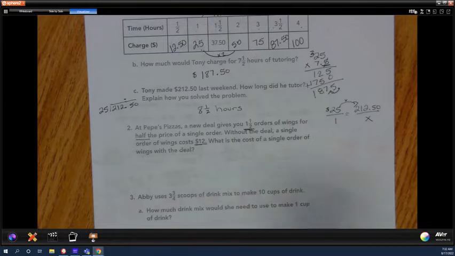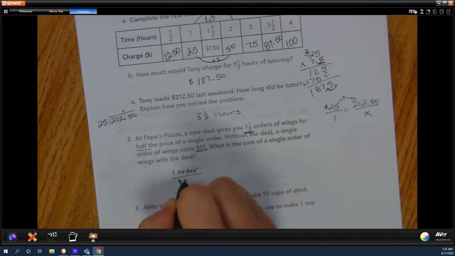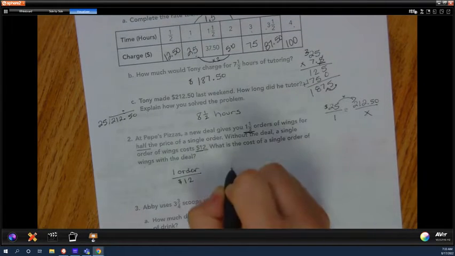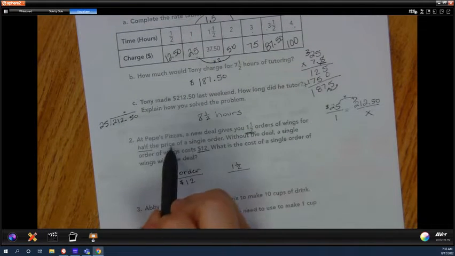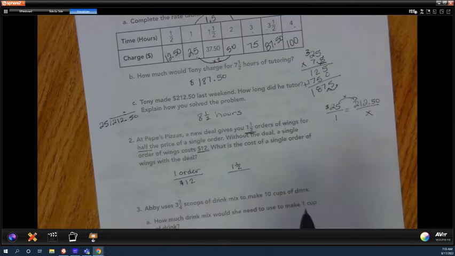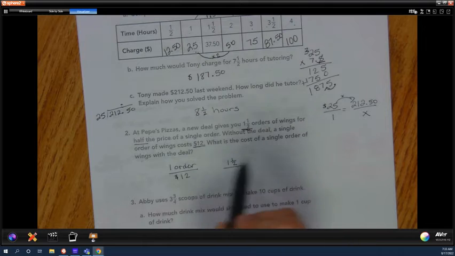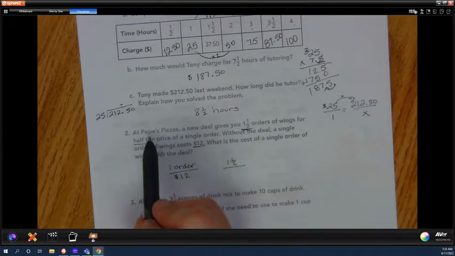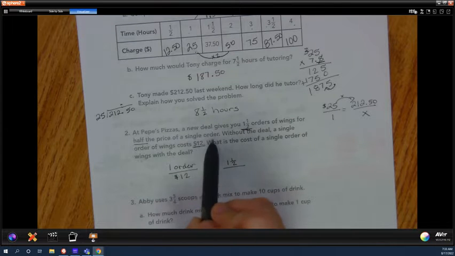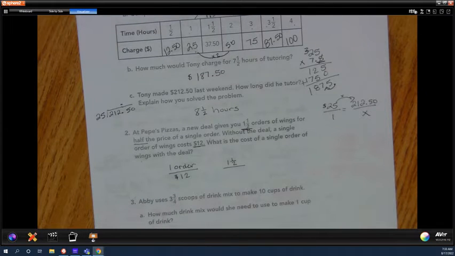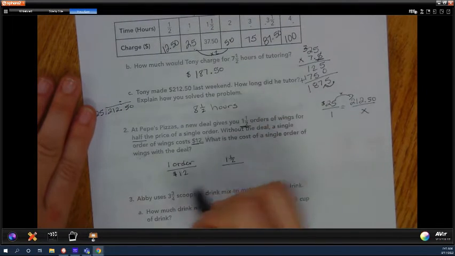Okay, so one order is equal to $12. 1.5 orders of wings is for half the price of a single order. Give me just a second. All right, guys.